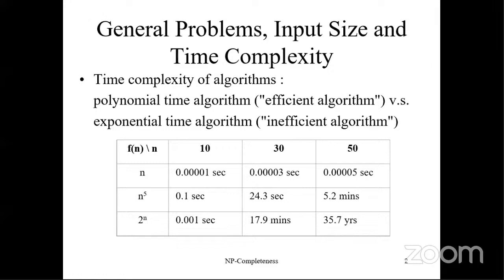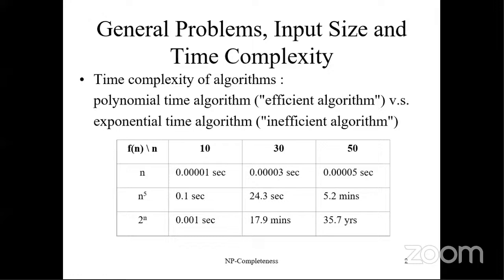So if we consider these two scenarios, there are two possible categories for the efficiency: one is an algorithm that solves a problem in polynomial time, and the other is an algorithm that solves a problem in exponential time.